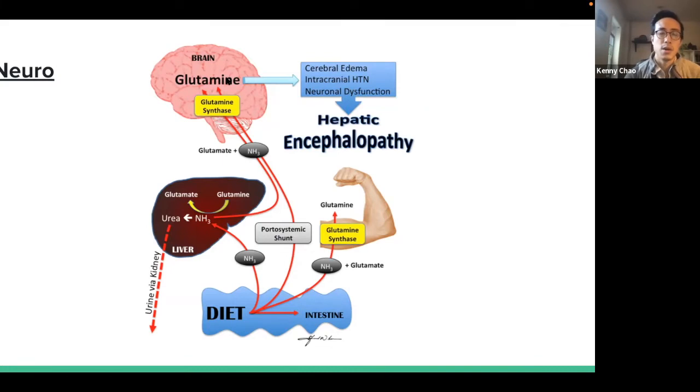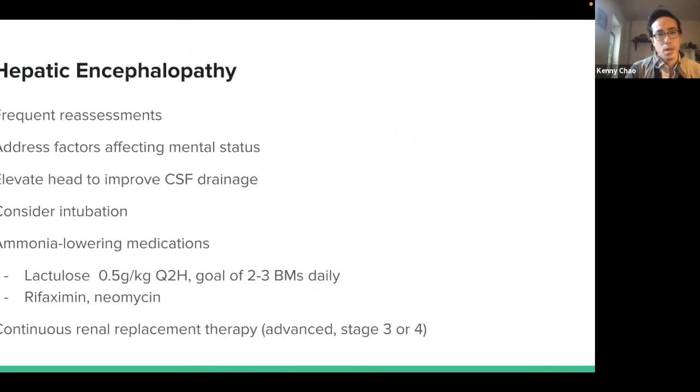And it's thought that there's an osmotic effect where, because of the increased glutamine, you're going to have a draw of fluid and water into these cells, causing cerebral edema, increased intracranial hypertension, leading to hepatic encephalopathy. So this is one of the more feared complications of acute liver failure.